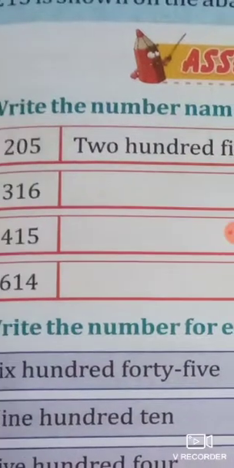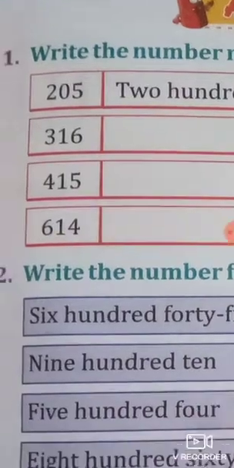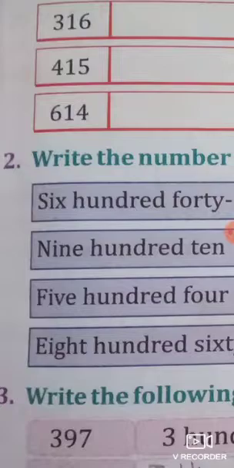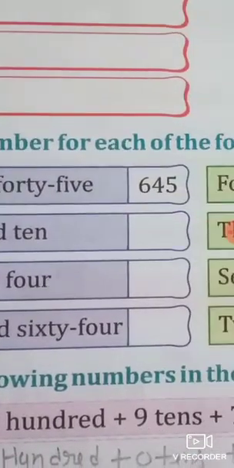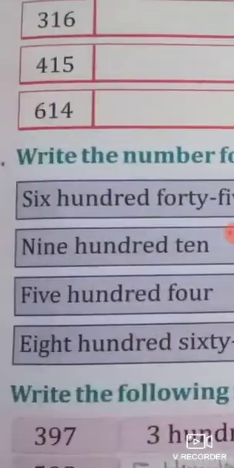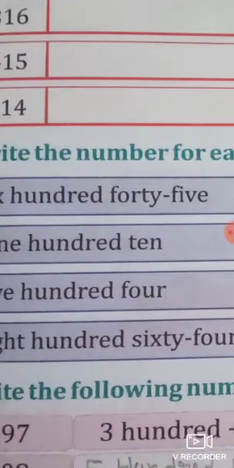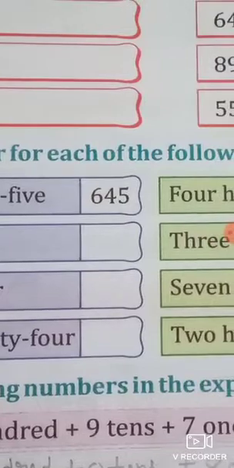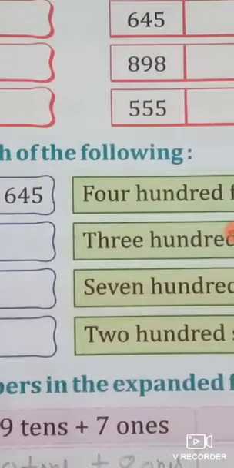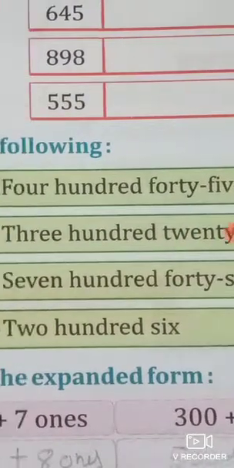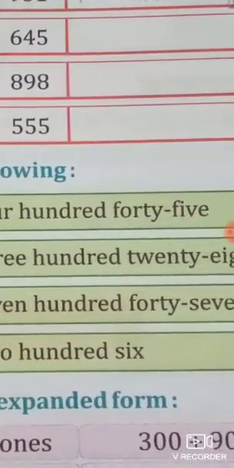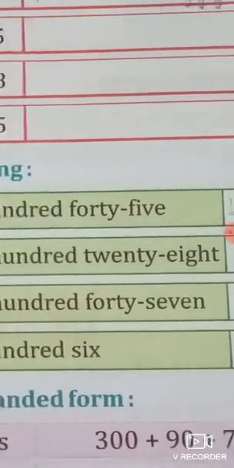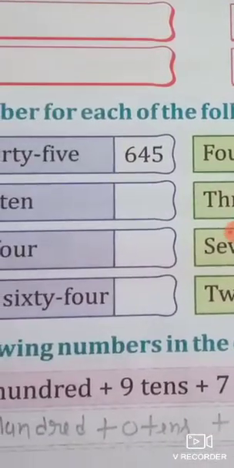You will write the rest of the numbers yourself, like the first question. The second question is write the number for each of the following. 645, we will write it as 6 4 and then 5. 445, we will write as 445. So you will write the rest of the numbers yourself.